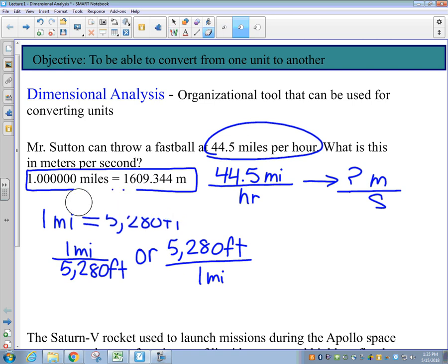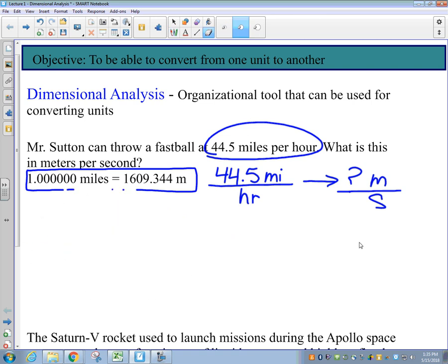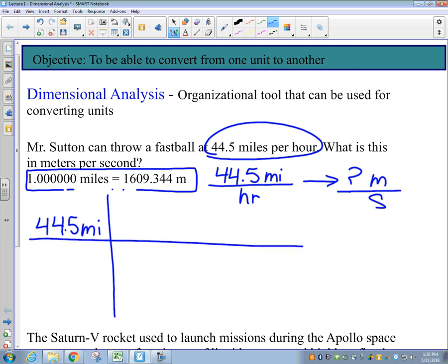So now we'll go ahead and look at the conversion factor that applies to our problem here. If we have 44.5 miles per hour as our given, and we want to get to meters per second, we first need to find a unit that is going to allow us to go from miles into meters. That's our first unit conversion.